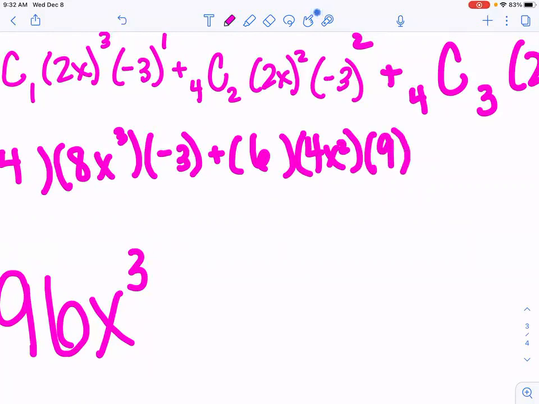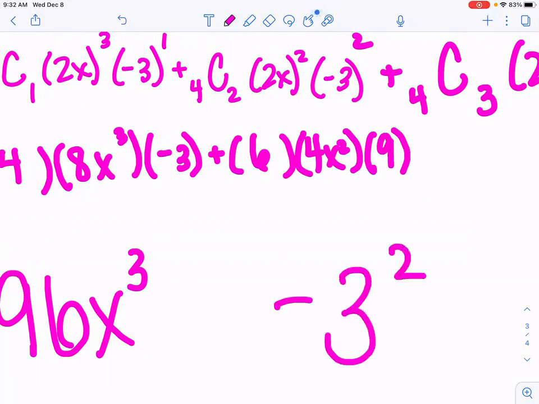This is what I've noticed about some of you in your calculators. You forget that a negative to a power needs to actually be included in parentheses. If you're going to put -3 to the second power in your calculator, first of all, I don't know why you would need to do that. But second of all, if you actually do it, -3 needs to be in parentheses to the second power to actually get the +9.